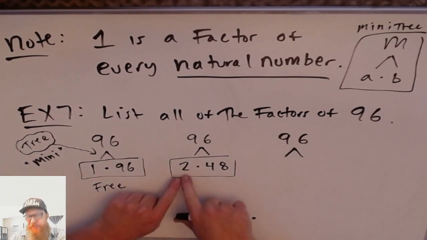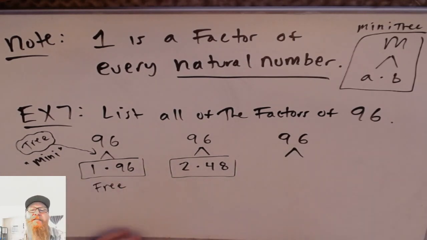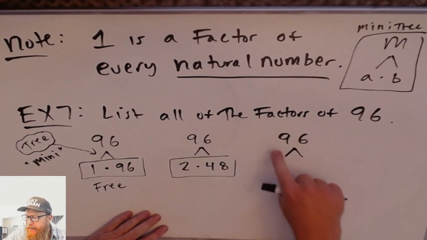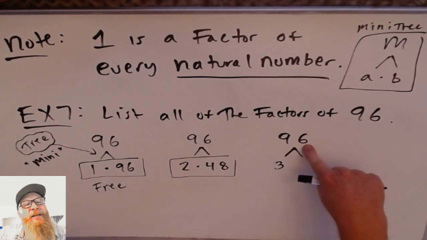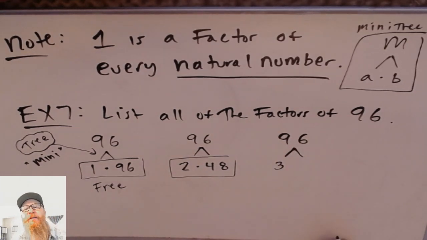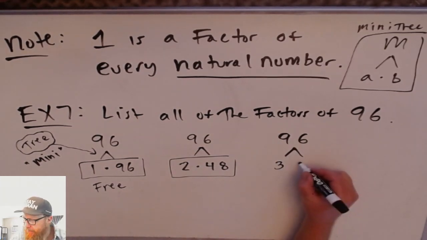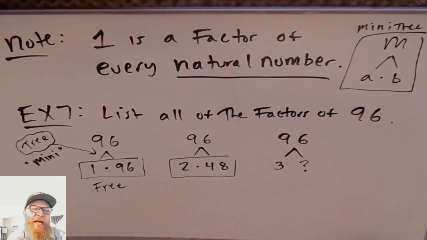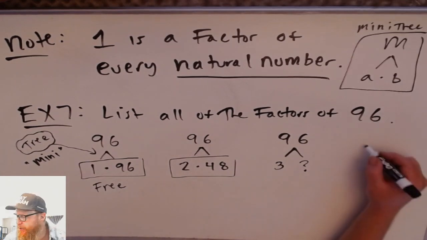All right, if 2 works, let's try 3. Let's see if it's divisible by 3. 9 plus 6 is 15. 15 is divisible by 3, so this must be divisible by 3. Now, if you're not very good at mental math, that's okay. You know, I wouldn't be in this business if everybody was good at mental math. Just use long division.